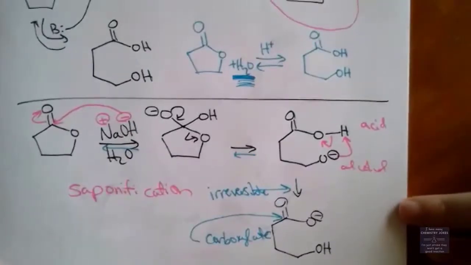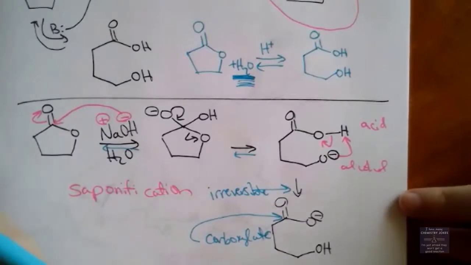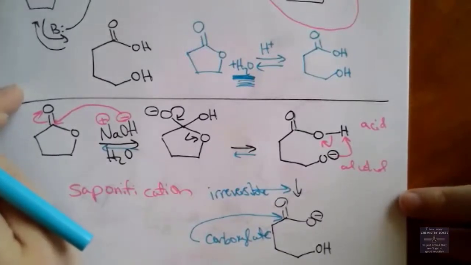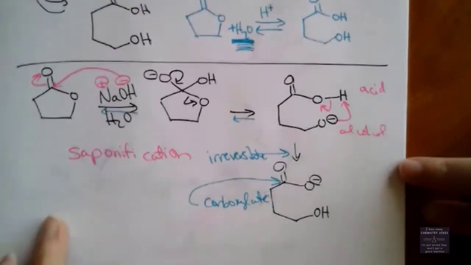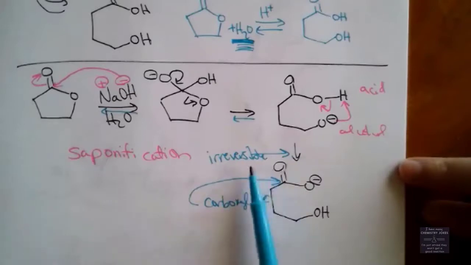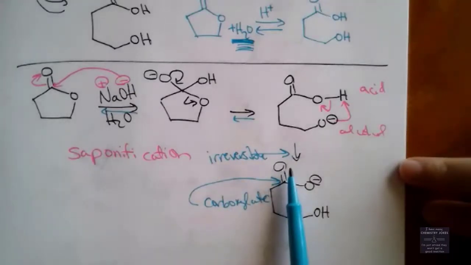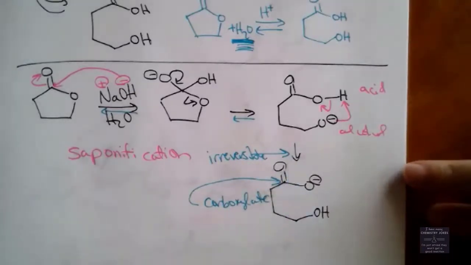So if you compare hydrolysis in acid and base, hydrolysis in acid is a totally equilibrium process, and you can favor one side or the other by manipulation of your conditions. Hydrolysis in base is said to be an irreversible process because this last proton transfer step is irreversible.